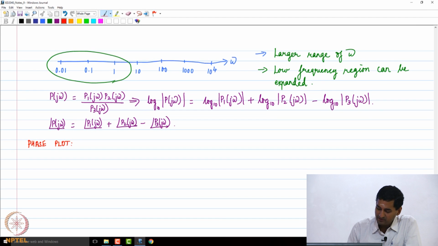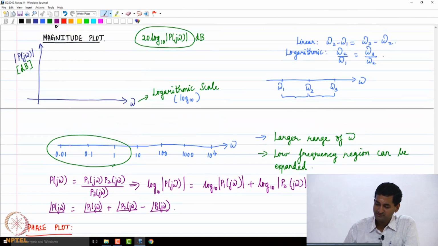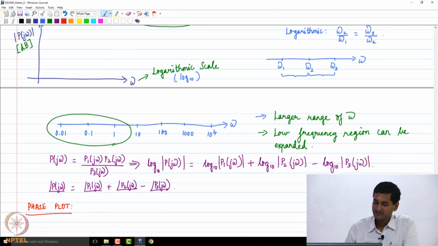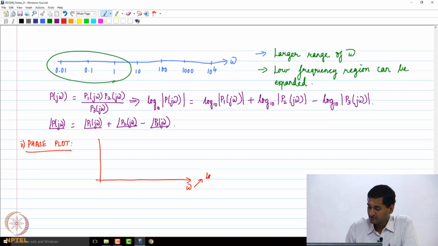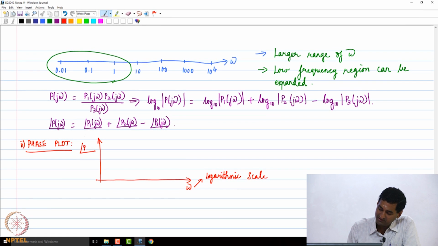So, this Bode plot has two plots. First is the magnitude plot. Second is the phase plot. So, what is the phase plot? In the phase plot, once again omega is plotted on the abscissa using a logarithmic scale, and the phase of P of j omega is just plotted in degrees using a linear scale.